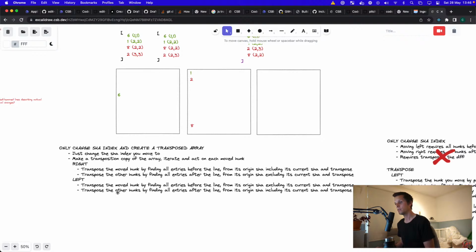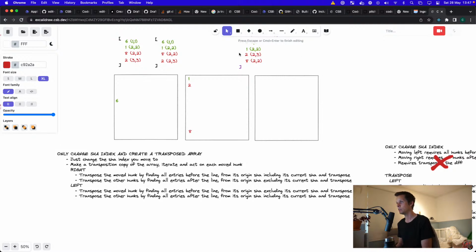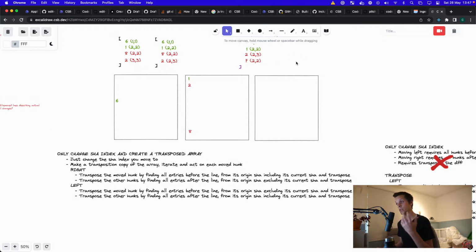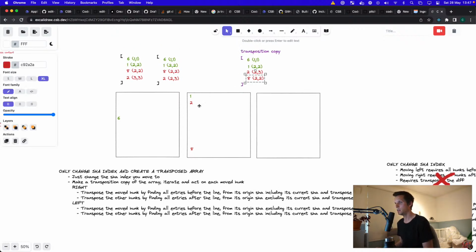But now we need to transpose other hunks by finding all entries after the line from its origin SHA, including its current SHA, which would hit 8, and it would transpose it to 7, which is correct. And now let's reset that.